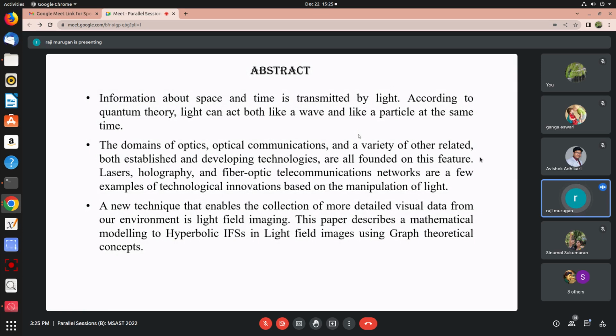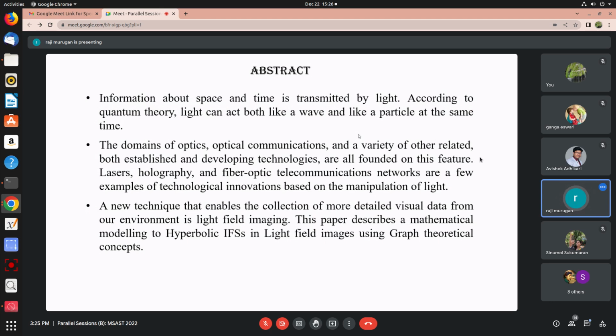The domains of optics, optical communications, and a variety of other related, both established and developing technologies are all founded on this feature. Lasers, holography, and fiber optic telecommunication networks are a few examples of technological innovations based on the manipulation of light.